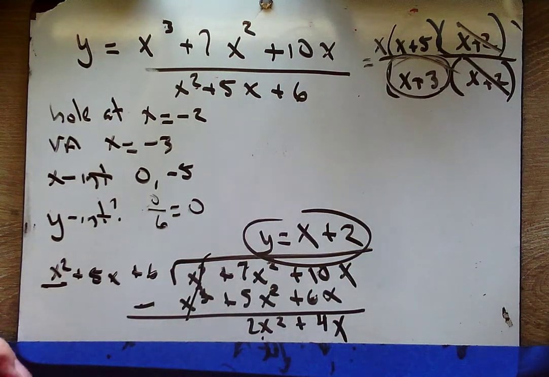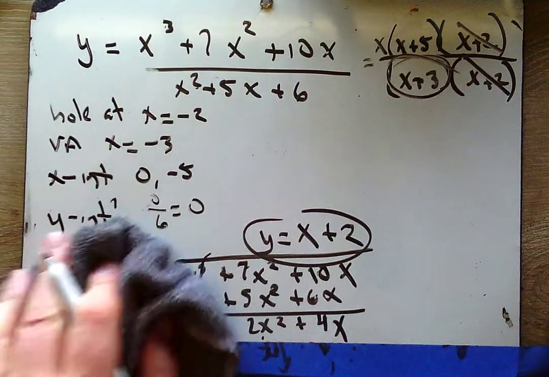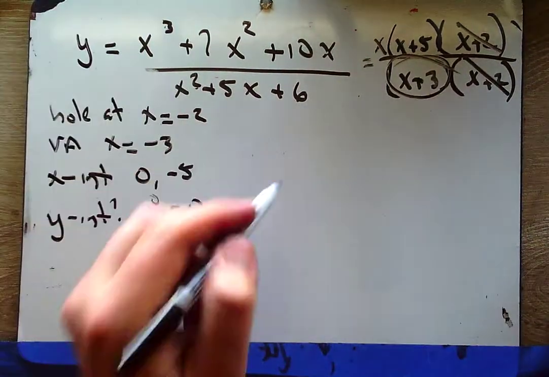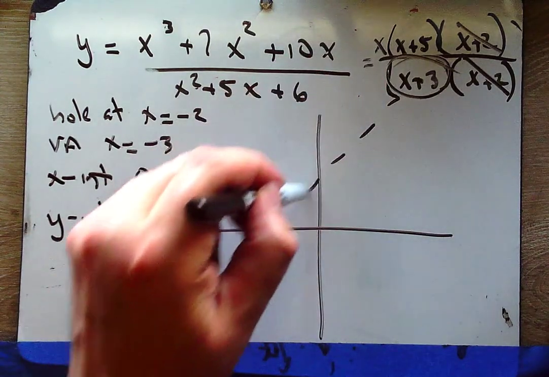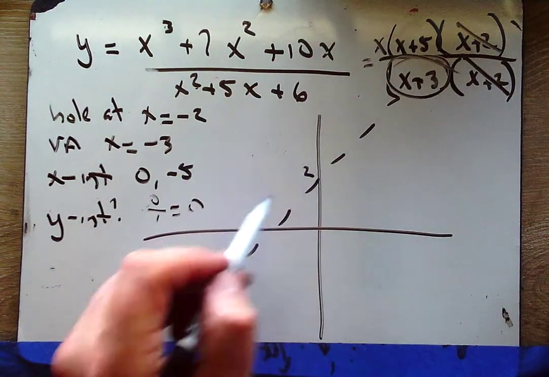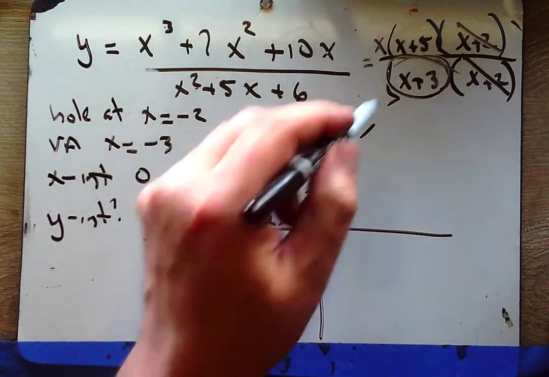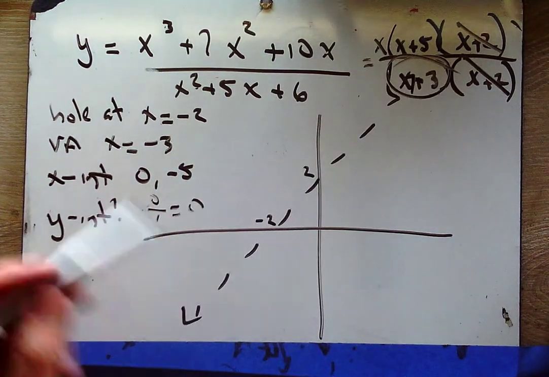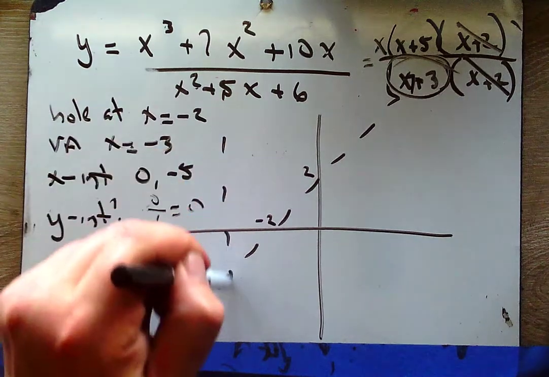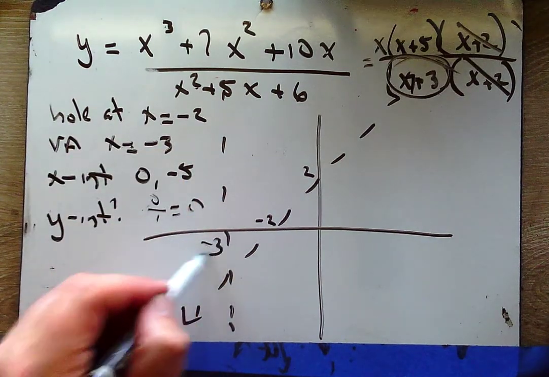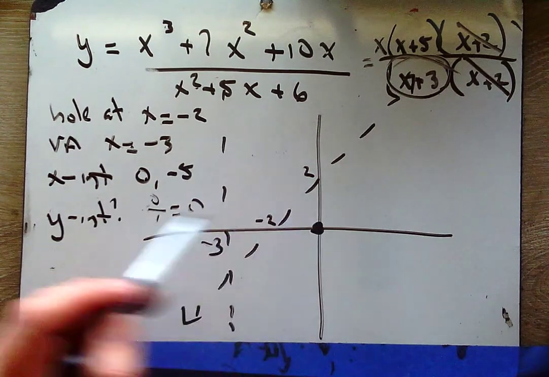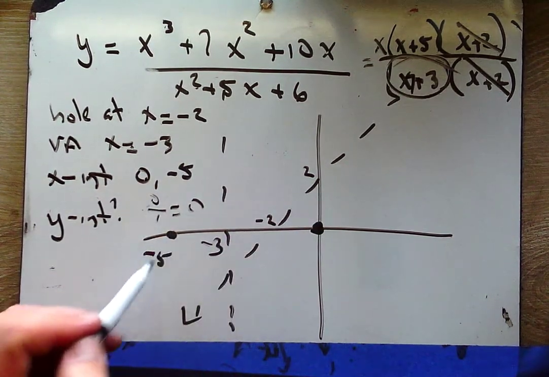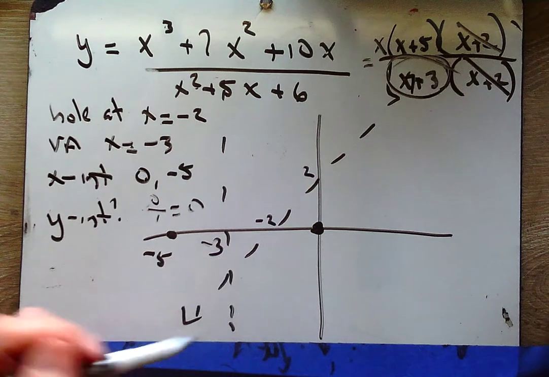All right, so let's give it a graph. I usually start with the slant asymptote. Y equals x plus 2, 2, -2. We know that there's a vertical asymptote at -3. We know that there's an x-intercept at 0 and at -5, and a y-intercept here at 0.